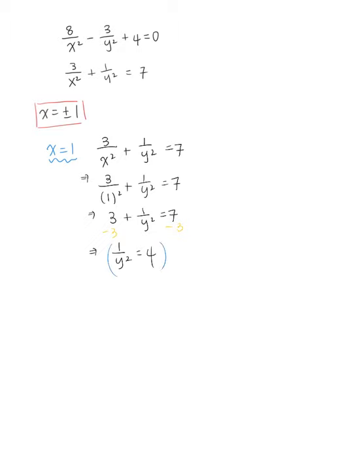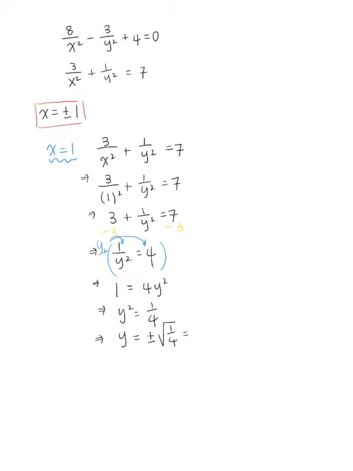Now multiplying by y squared on both sides, what we're going to get is 1 equals 4y squared. So that implies that our y squared is going to be 1/4. So here what we're going to get is y equals plus or minus the square root of 1/4, which is going to be plus or minus the square root of, not square root, I'm sorry.